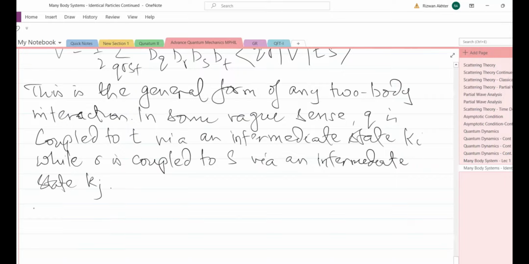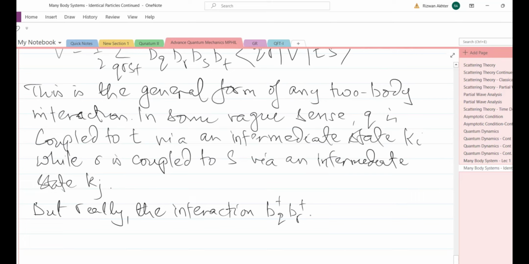But in truth, the interaction, and what is the interaction? The interaction is, in fact, this term, BQ dagger, BR dagger, BS, BT. And what does this imply?